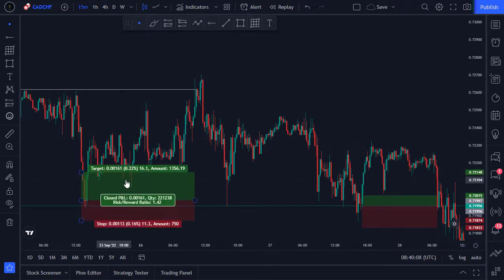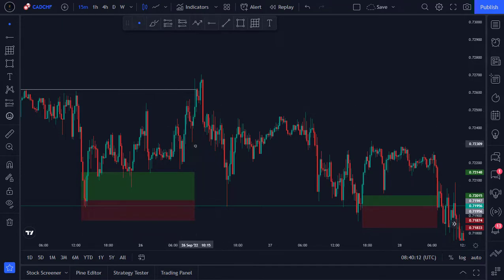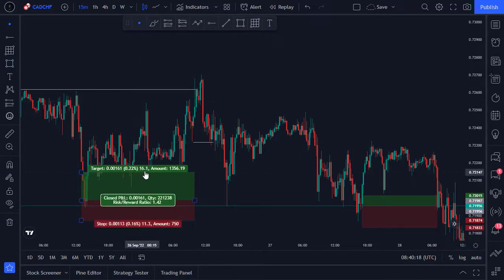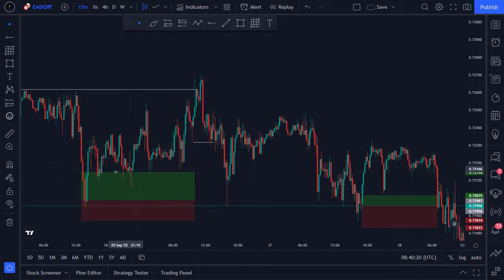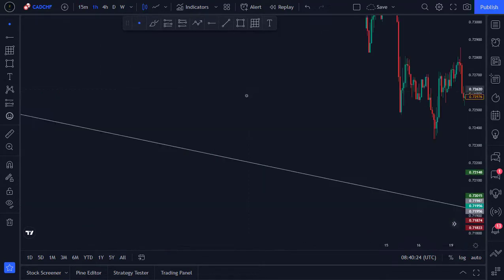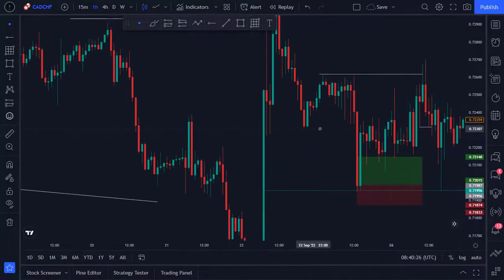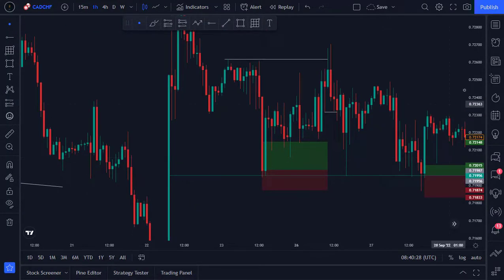So I moved my stops below these lows, because I did not expect it to go even below this low over here. But you can see it broke this low. Once the price broke the downside, it took me out for some small profit. And then the price came back down to that value area.